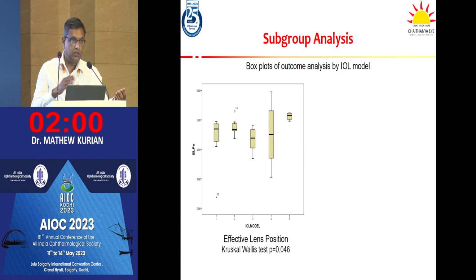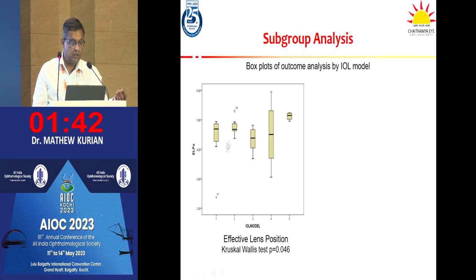So we looked at subgroup analysis in terms of the IOL models that we used. At that time we were using 5 models of lenses: 2 imported single piece foldable lenses, a multi-piece lens, and 2 Indian foldable lenses.